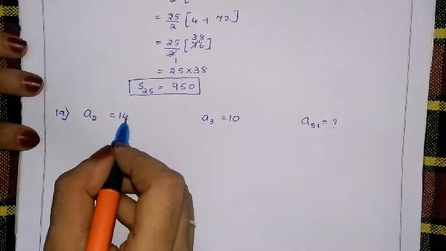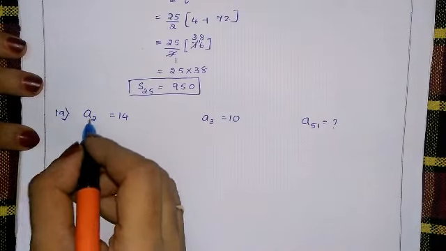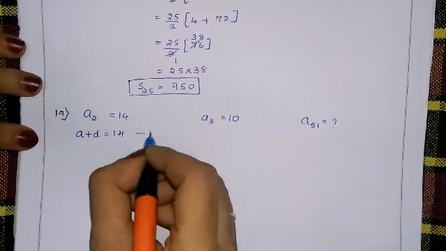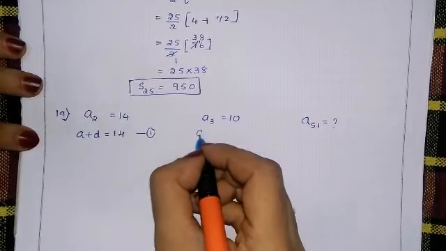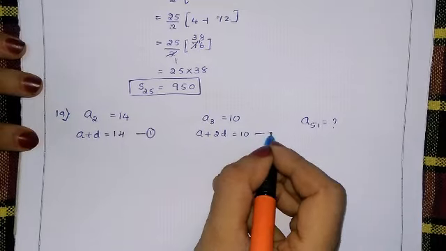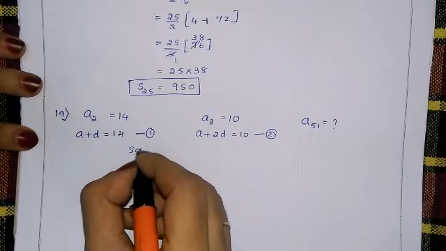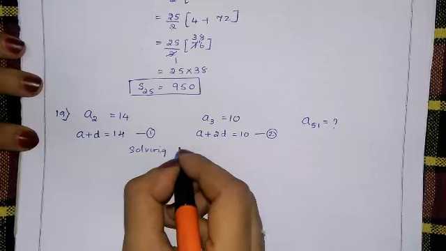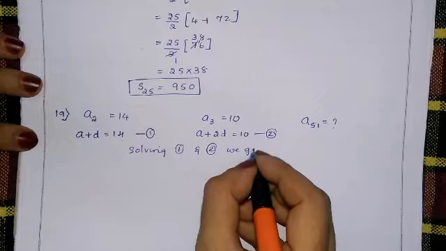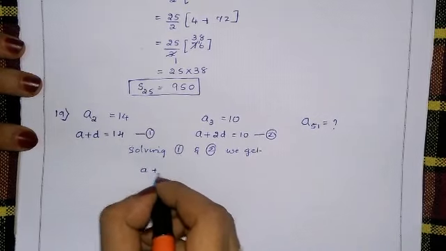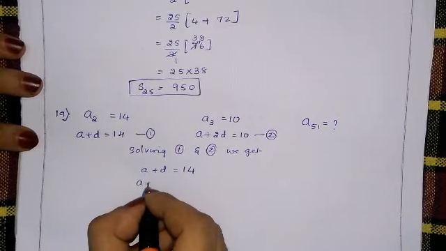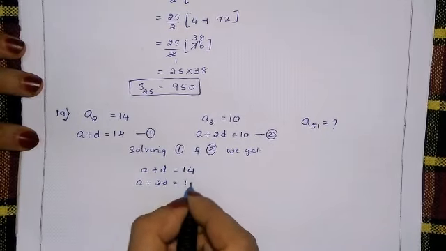A2 is equal to 14. The second term is 14. A2 is A plus D, equal to 14. Equation 1. And A3 is A plus 2D, equal to 10. Equation 2. Solving 1 and 2: A plus D is equal to 14, A plus 2D is equal to 10.